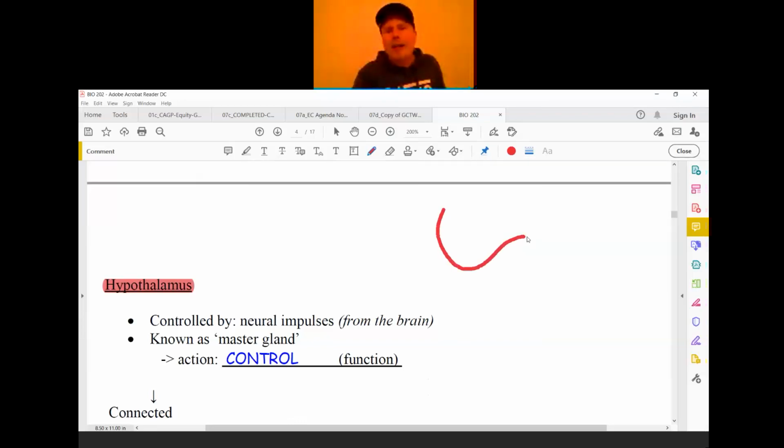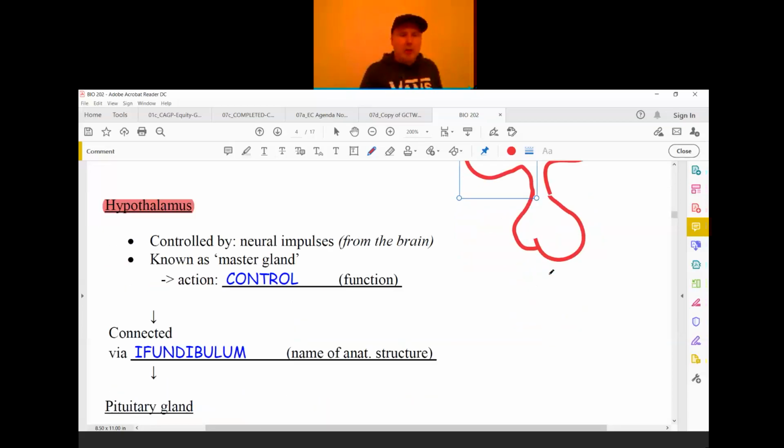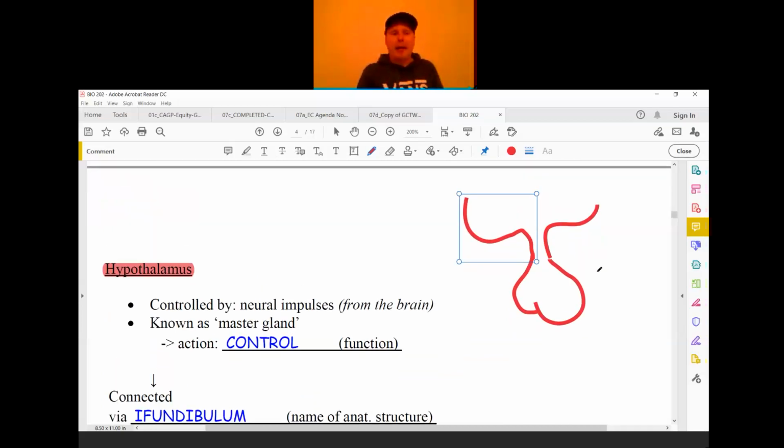That was located right underneath the thalamus. And when we look at the hypothalamus, I'm just going to redraw that. From the hypothalamus, there's a little stalk that comes out. And at the end of that stalk, we will see our pituitary gland. And the pituitary gland is actually going to have two different lobes that we'll look at.